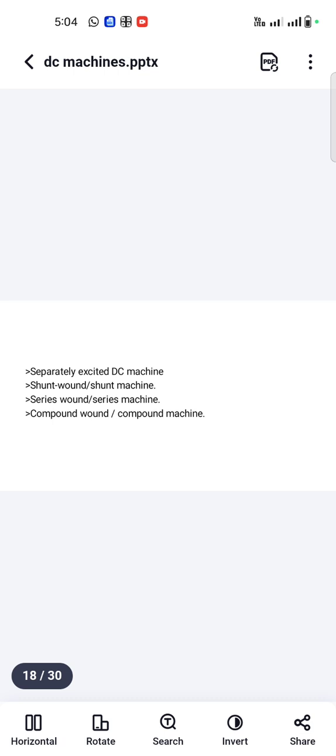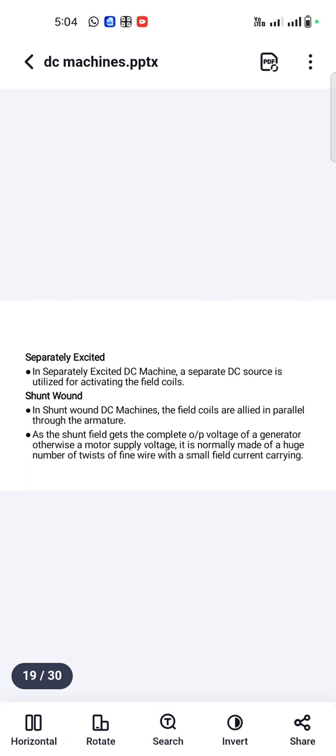In the self-excited DC machine, many types are again available: shunt wound or shunt machine, series wound or series machine, compound wound or compound machine. These three are present in the self-excited DC machine. Let us explain one by one.